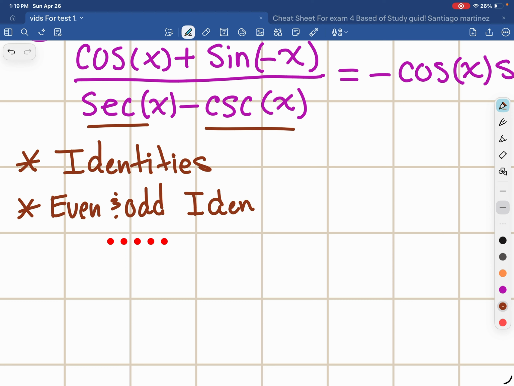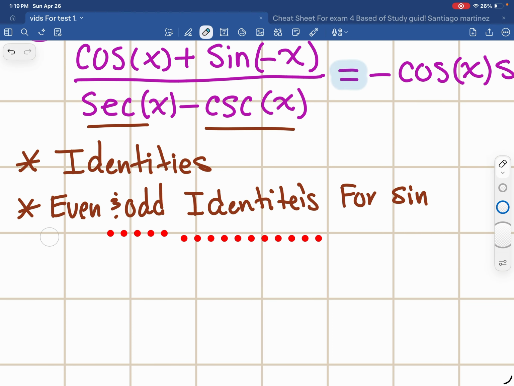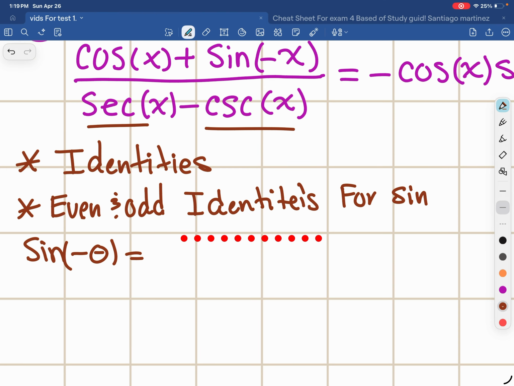This one states that sine of negative theta will equal negative sine of theta.